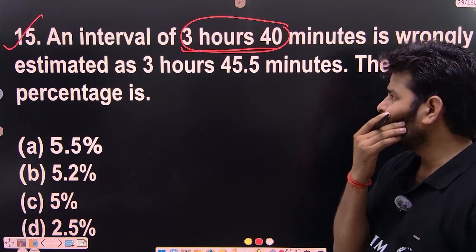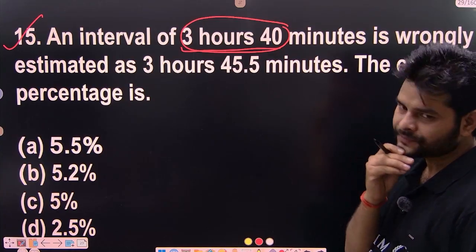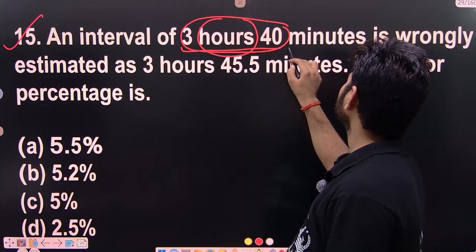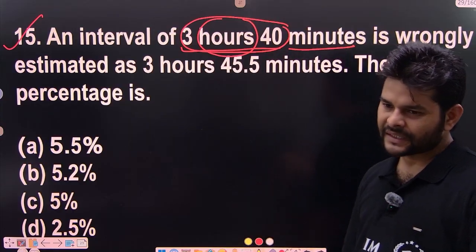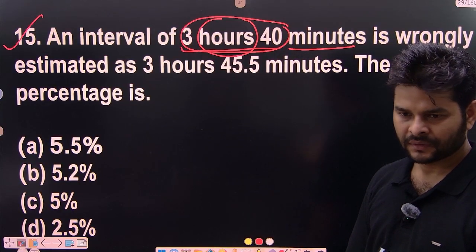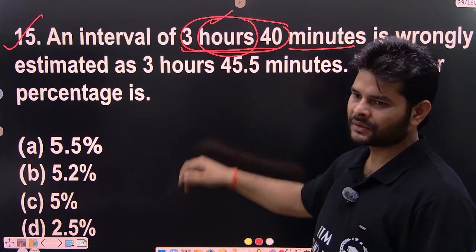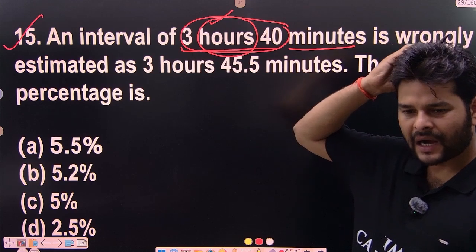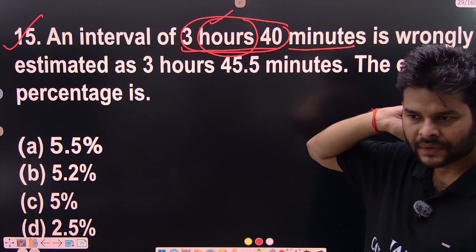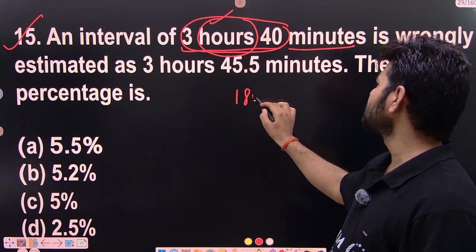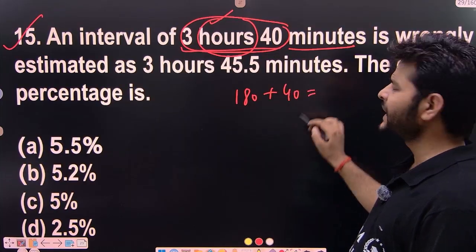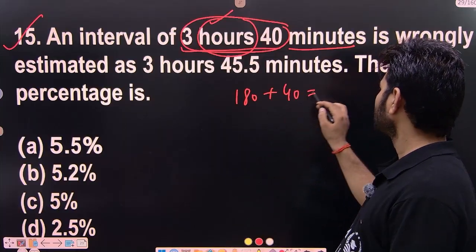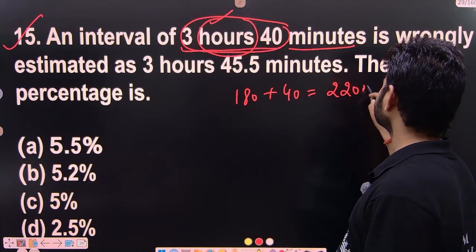What's your first step? Your first step is that one is given in hours and the other in minutes, so convert them into the same unit. First make hours into minutes. 3 hours, how many minutes would that be? 180 minutes. So 180 plus 40 minutes, he needed to make 220 minutes.